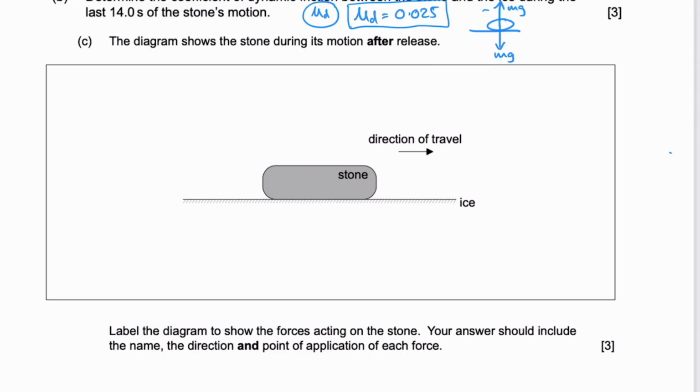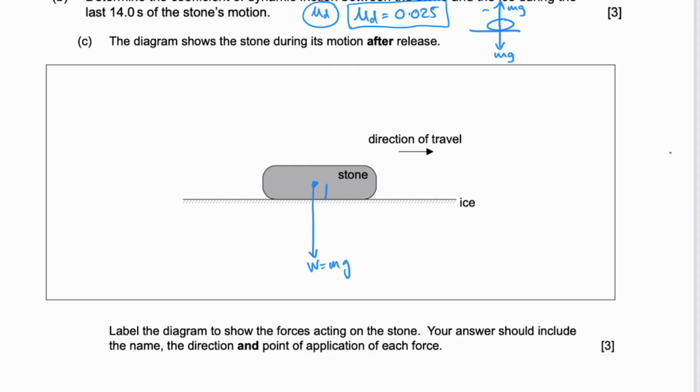Moving on to C. The diagram shows the stone during its motion after release. That means when it's decelerating. Label the diagram to show the forces acting on the stone. Your answer should include the name, the direction and point of application of each force. We've kind of done that already. From the centre of gravity, we'll have a force going down the way, which is weight.